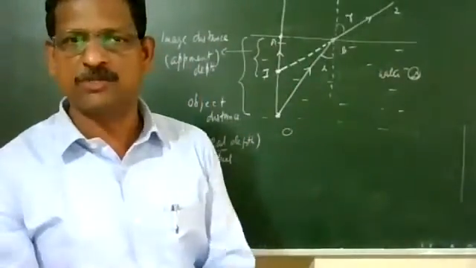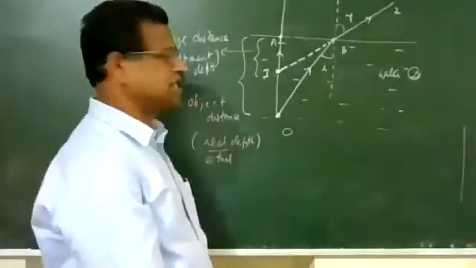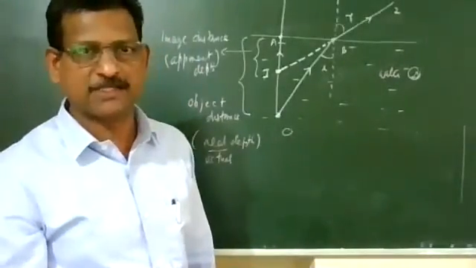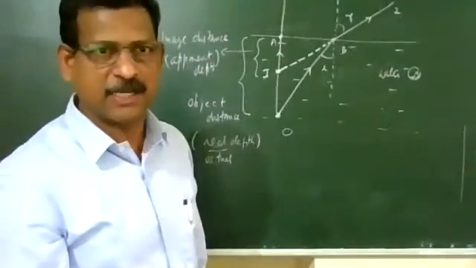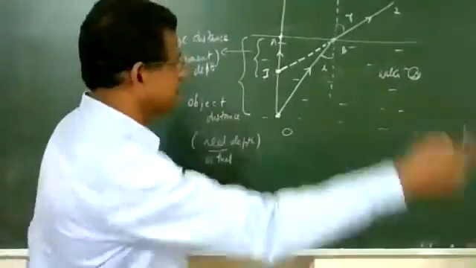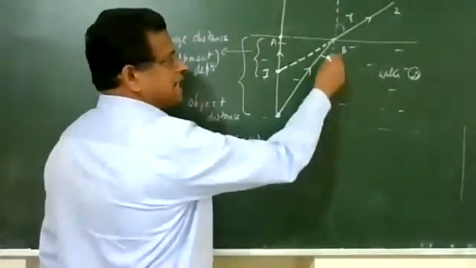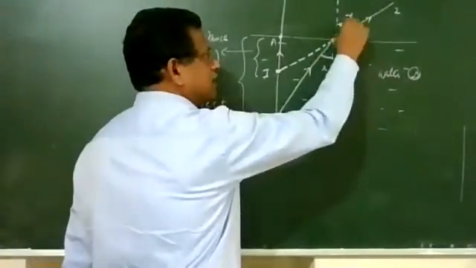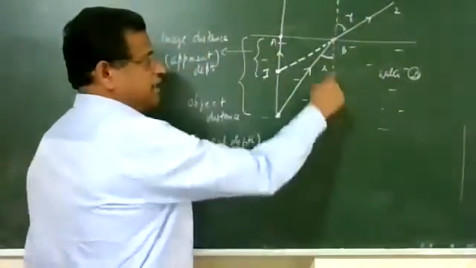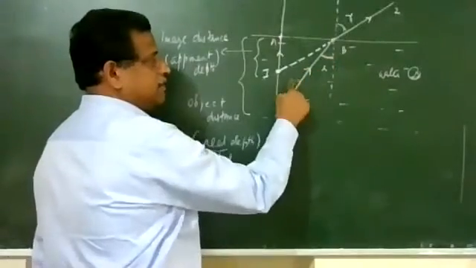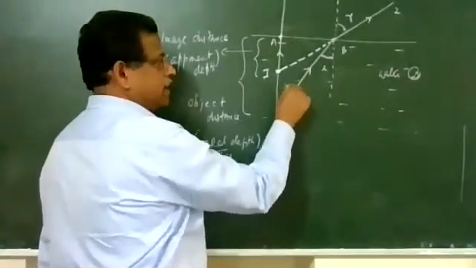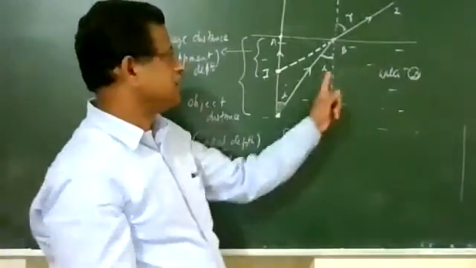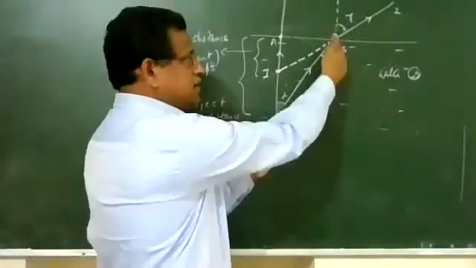We have to find the relation with the refractive index. Before going there, we have to mark two triangles, the angle of incidence and the angle of refraction in this case. Listen carefully. This angle we mark as angle of incidence, and this angle we mark as angle of refraction. If this angle is I, this angle is also equal to I, because these two lines are parallel and this is the transversal.